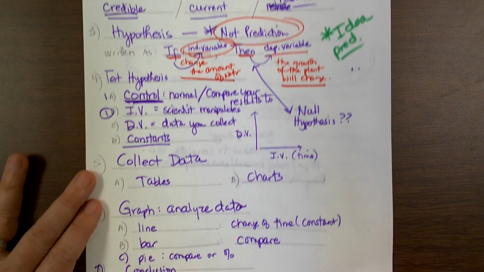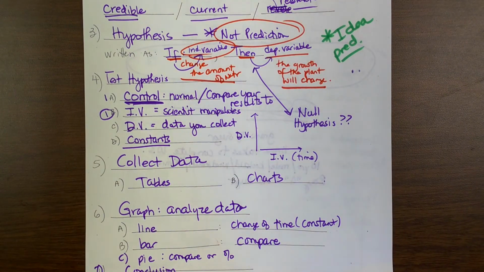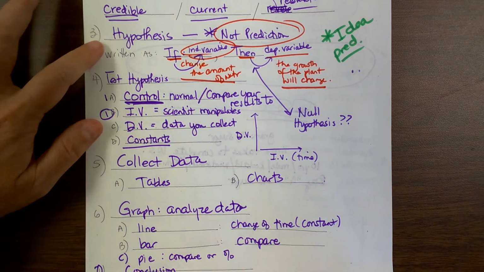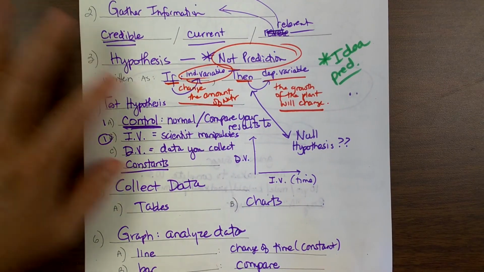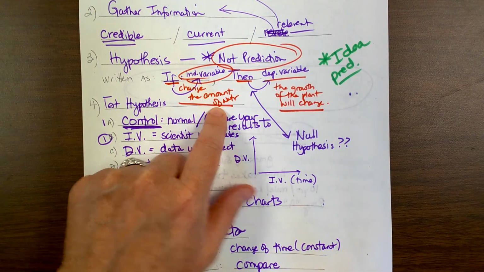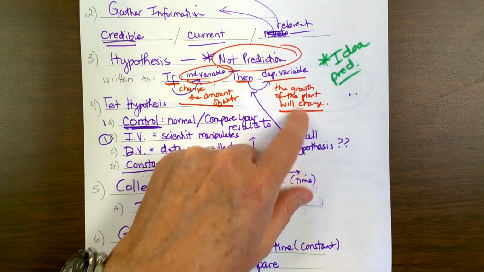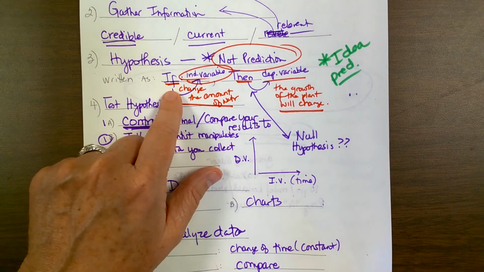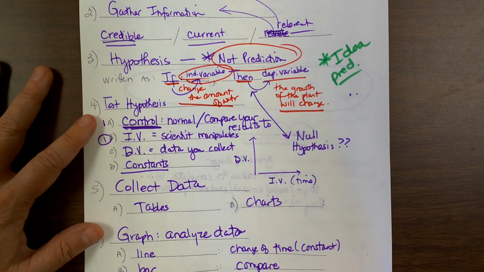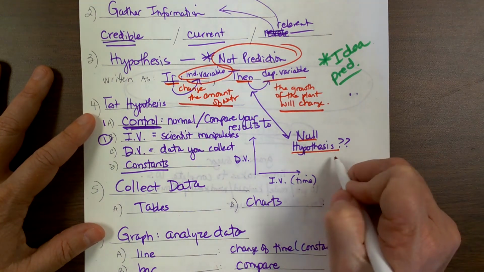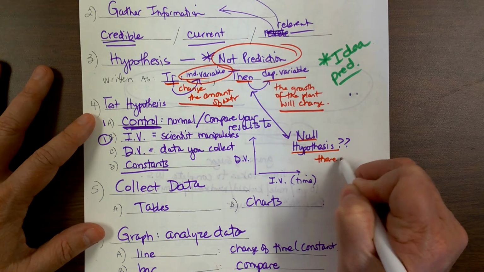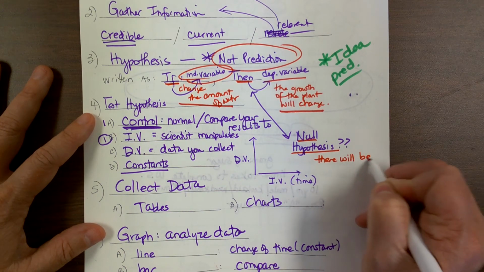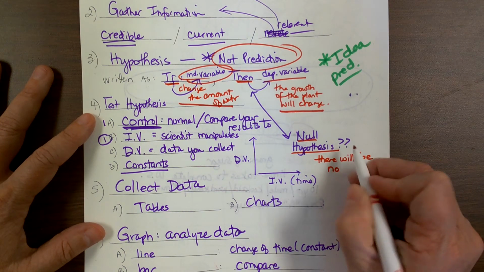So let's go back up here. What the heck is a null hypothesis? Null means nothing occurs. So our created hypothesis says that if we change the amount of water, then the plant growth will change. A null hypothesis, the first half stays the same, if we change the amount of water, but a null hypothesis states there will be no effect.